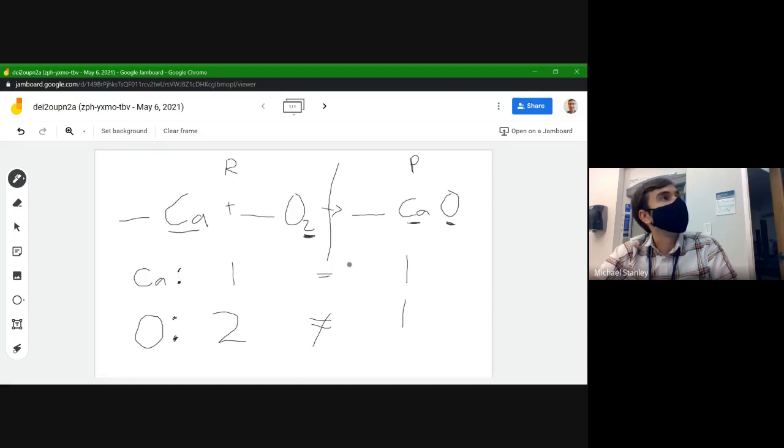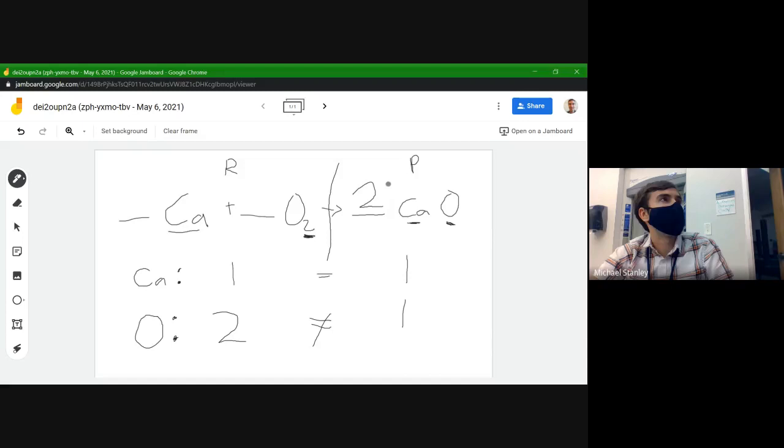As Gerson, I'm assuming, noticed, we have 2 and 1, but remember, this 2 is a subscript, and you're not allowed to touch it. So there's nothing we can do to this oxygen to make it go down. That 2 is permanent. But there is something we could do over here to make this oxygen go up. And as Gerson suggested, we could put a 2 coefficient right here.